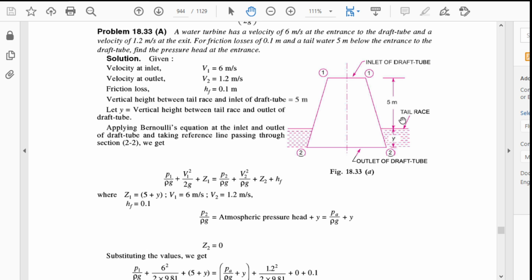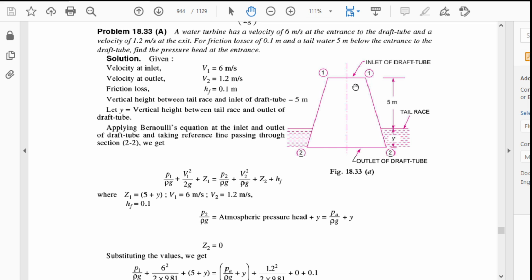In the same manner as we applied in the draft tube theory, here also we have to apply Bernoulli's equation at the inlet and at the outlet of the draft tube. We take section 1 at the entrance and section 2 at the outlet of the draft tube.